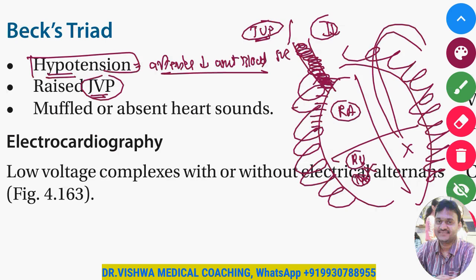Because externally there is pressure exerted on the heart, the pressure in the right atrium will increase. When pressure in the right atrium increases, pressure in the SVC increases. So increased pressure in the superior vena cava will lead to raised JVP.